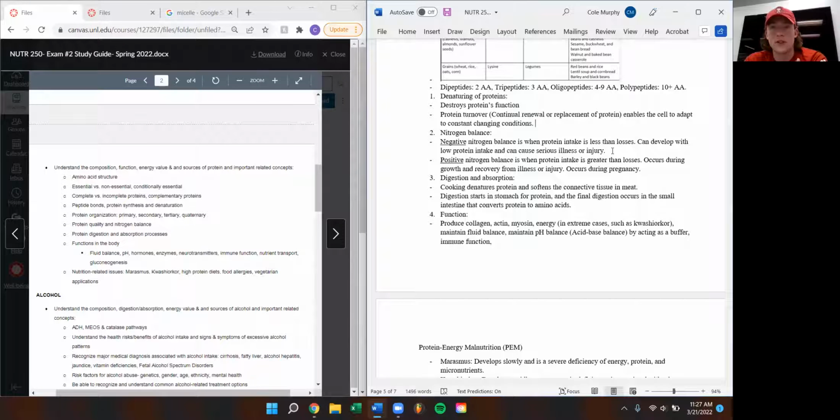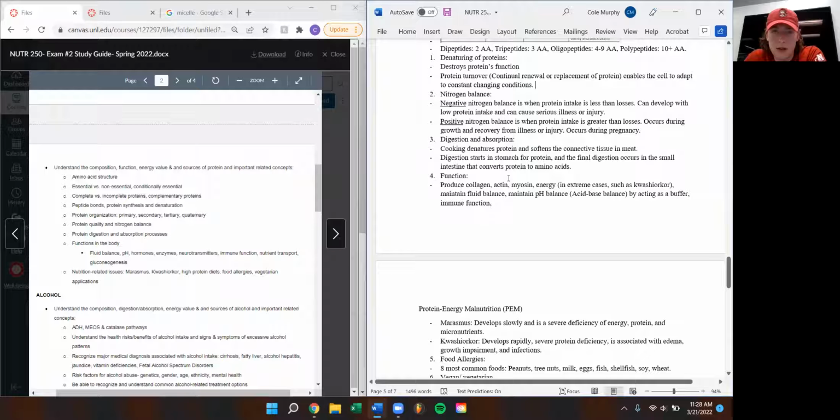This occurs during growth and recovery from illness or injury, and also during pregnancy. So again, seeing how these apply to the real world, women are often seen with a positive nitrogen balance, and people who are recovering are in a positive nitrogen balance.